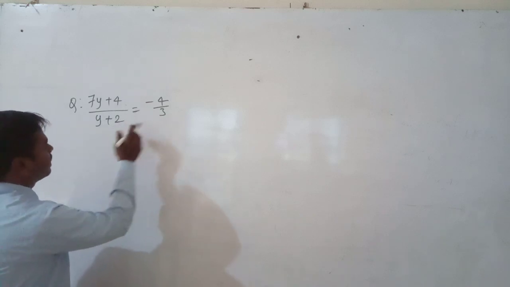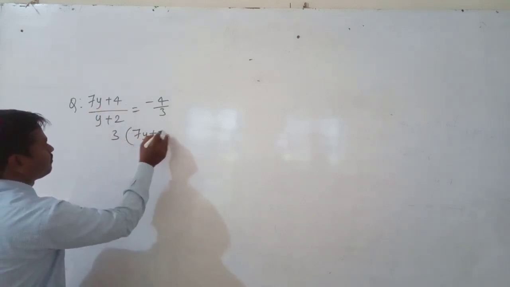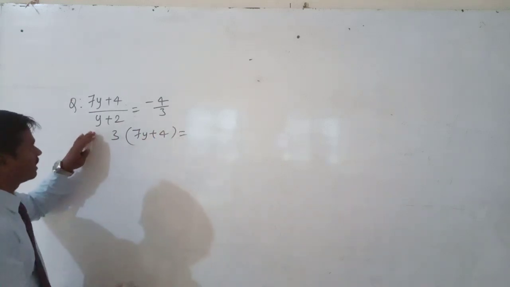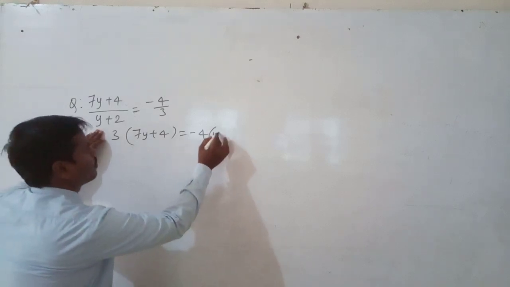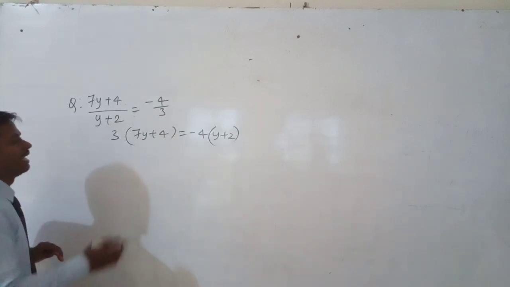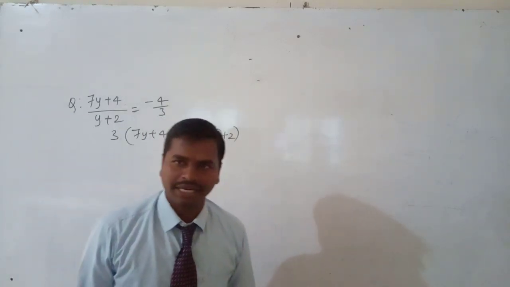What are you getting here? 3 into 7y plus 4 equal to, what is here? Minus 4 into y plus 2. Okay.